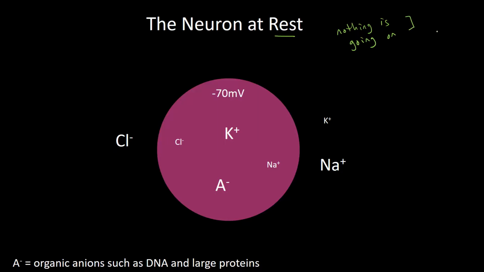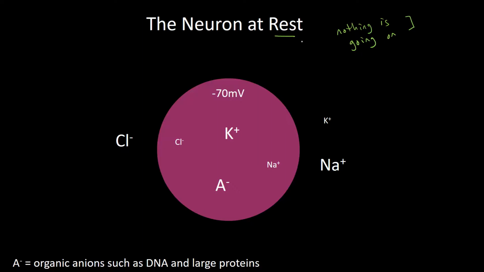This never, ever happens in real life. Each cell, you may recall, has about 10,000 connections, 10,000 things trying to change the membrane potential. One of those is always active at some time. So the neuron at rest is actually a fairly rare state.